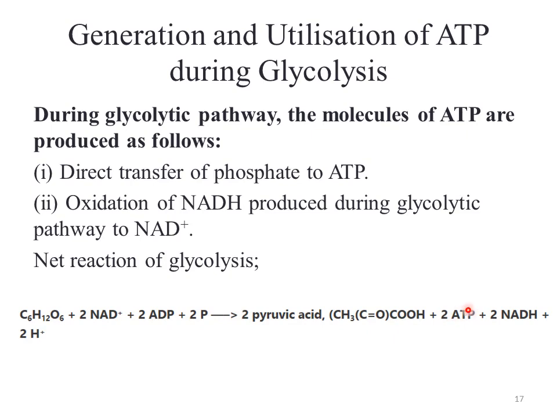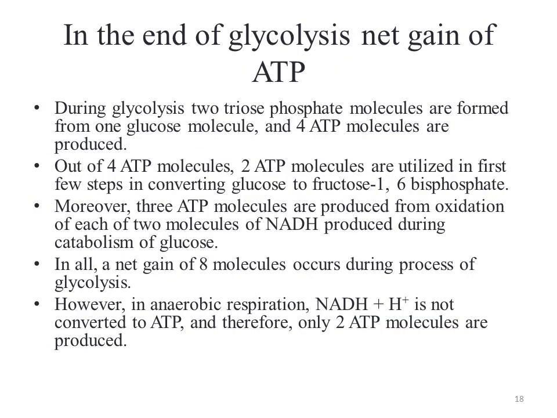As I told you, the net gain is 2 ATP because we utilize 2 ATPs, and 4 ATPs are produced. So 4 minus 2, as we are interested in net gain, not net investment. So 2 ATPs overall are produced in this reaction, and 2 NADH and 2 hydrogen atoms are produced overall. So at the end of glycolysis, net gain of ATP: 2 triose phosphate molecules are formed from one glucose molecule, and 4 ATP molecules are produced.